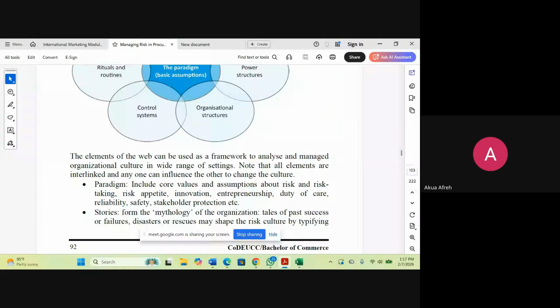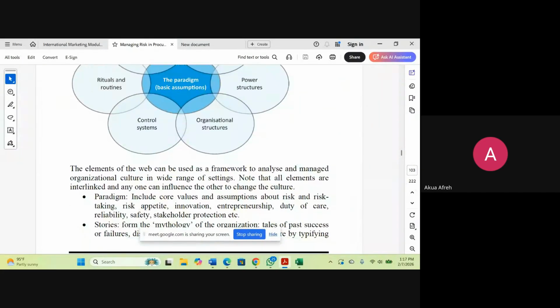So the paradigm, we are saying, is the core values about the risk. The last time we talked about risk appetite, the types of risk appetite. So this place will show you which type of risk appetite this organization has. It talks about innovation and all that.